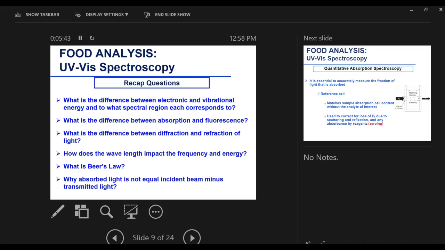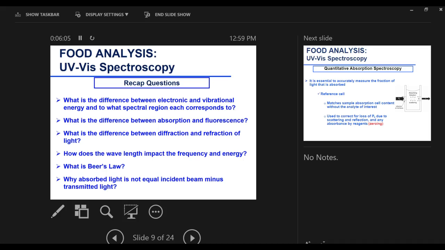He gets plus 3 on this. Yes, I'm not going to sing it for you, but it's correct. It's the relationship between absorption and concentration, and it's a linear relationship.